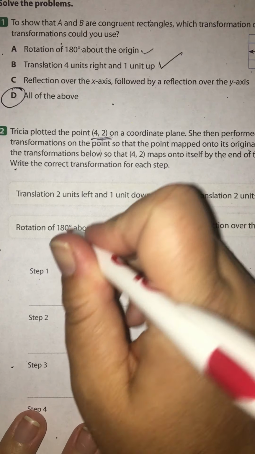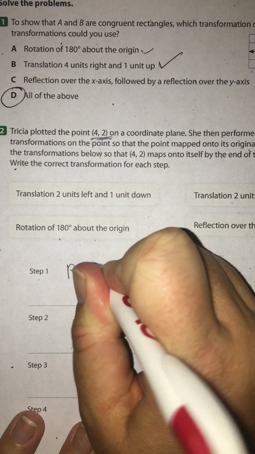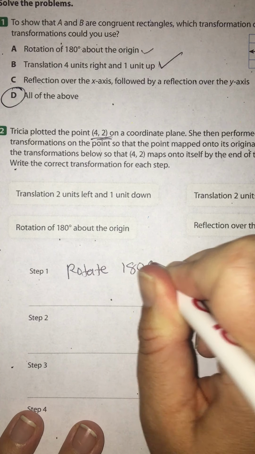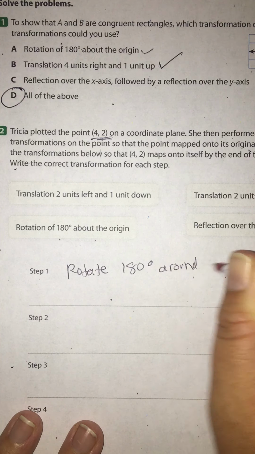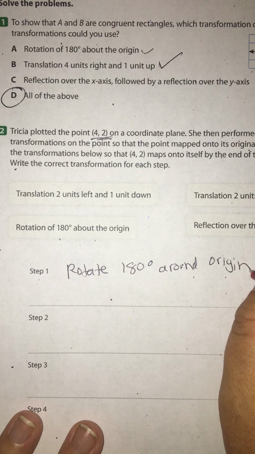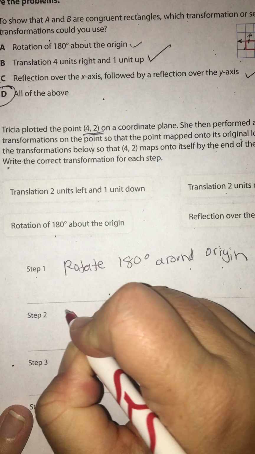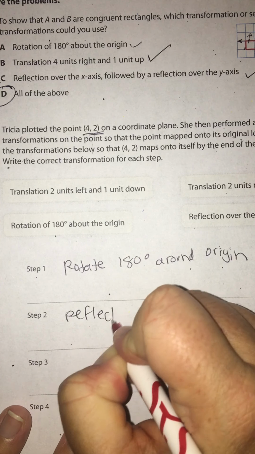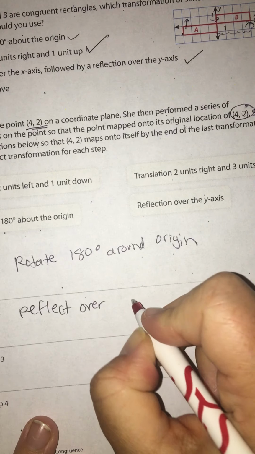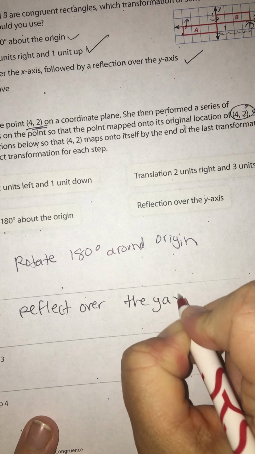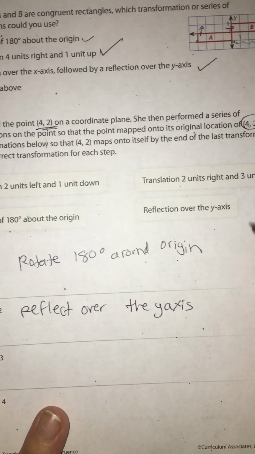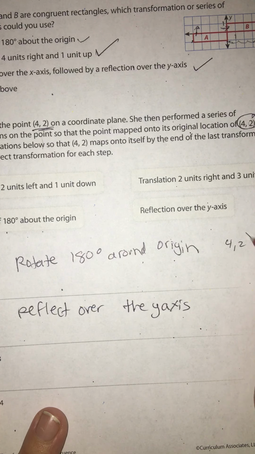Well, let's do rotate 180 degrees around the origin. Okay. So if she rotates, then she can reflect over the y-axis. Okay, so it was at 4, 2.